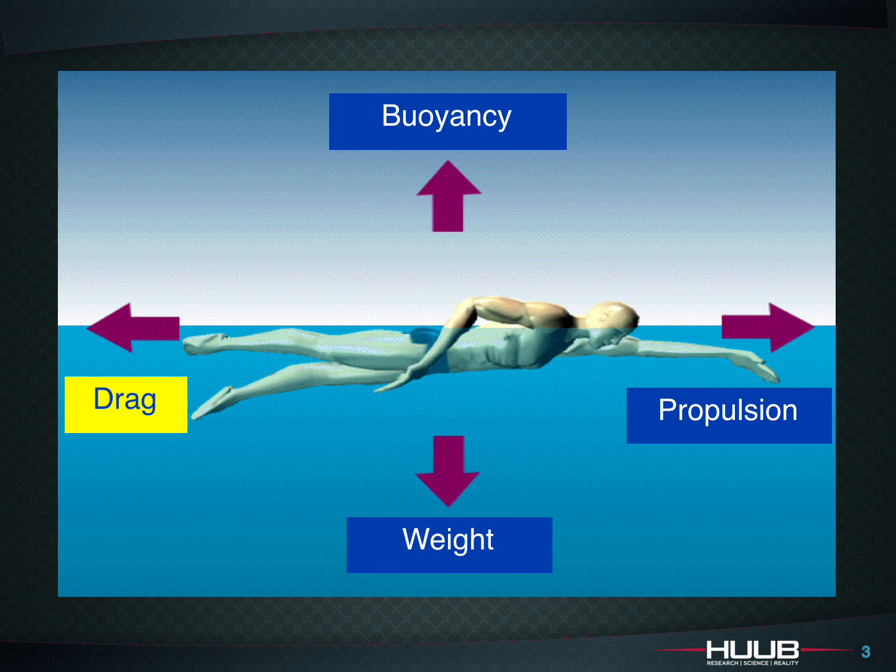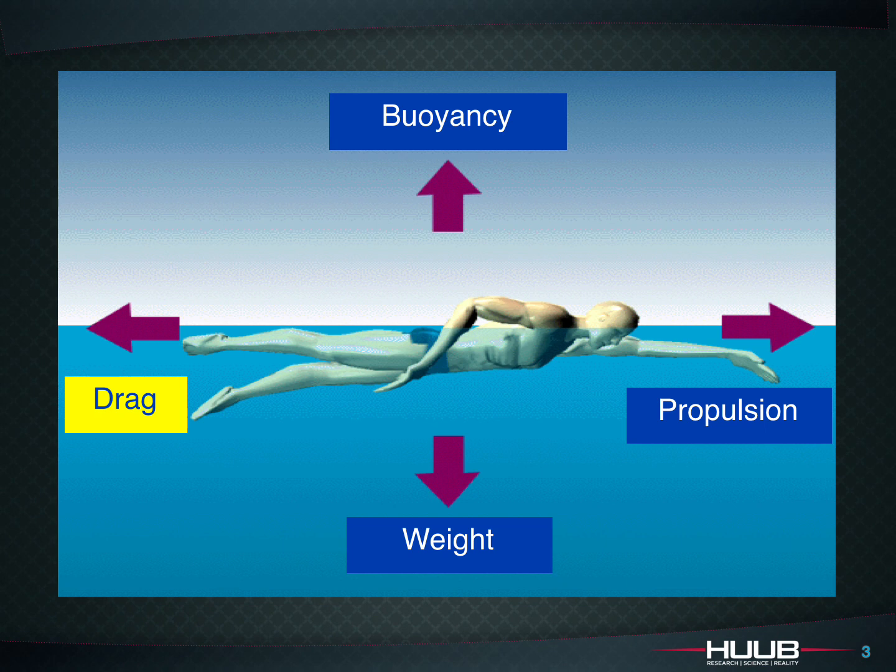In the vertical plane, you see buoyancy and weight, and let's assume these cancel each other out. In the horizontal plane, you see the swimmer is generating propulsion to overcome drag. And of course, if you are swimming at constant speed, the average propulsion will equal the average drag force, although they are in opposite direction.